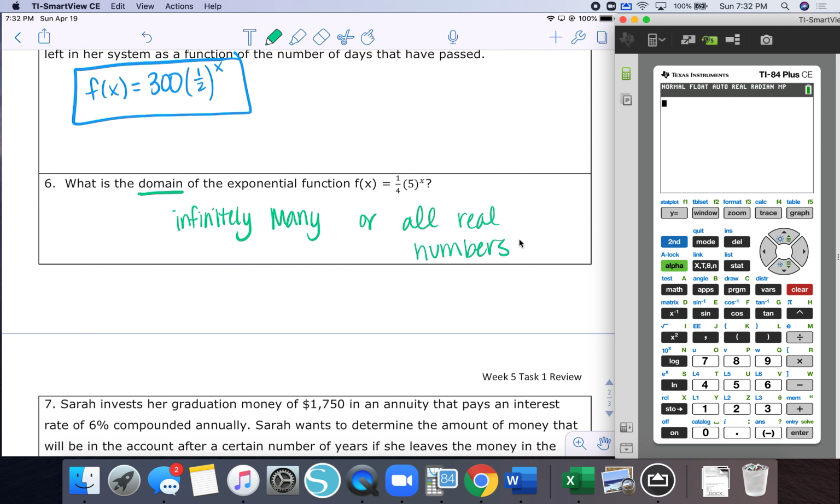Okay, so your domain is always infinitely many or all real numbers. Just a bonus for you, range should be all positive real numbers. Because remember, like we talked about in task 4, your exponentials go like this or like this, and they will never ever go underneath.